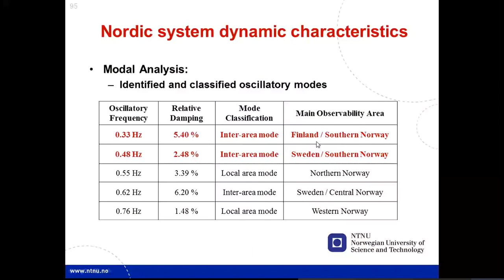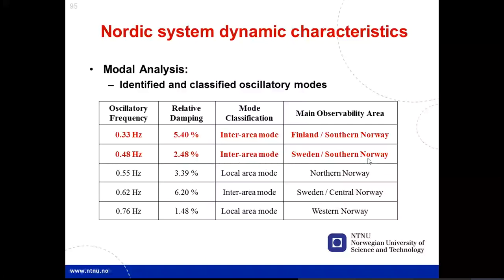If you remember, I have discussed that this mode will be between the generators from southern Finland and southern Sweden or southern Norway as well. So this mode is observed between the generators located in this region. Another mode that we have, again, is also an inter-area mode between the generators located in Sweden and southern Norway.